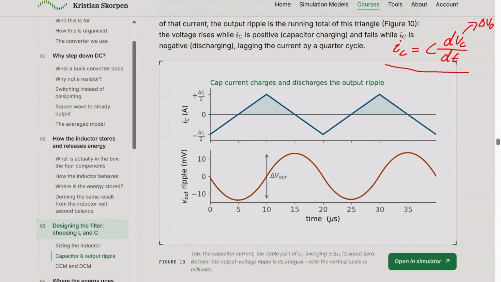So delta VO. So this is the ripple, it's the peak to peak voltage here. And then we can have a look at the change of time. Let's say that is from the bottom to the top. So let's say this time here. So here you can say that it's 10 microseconds, this period. So this is the dt.